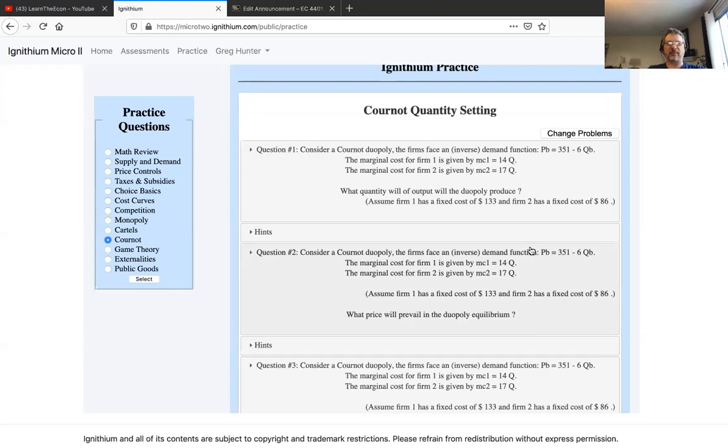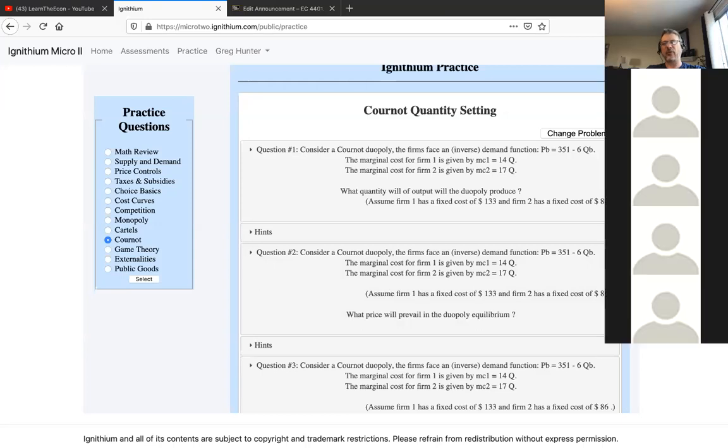Remember, we're always doing all of our comparisons with respect to the competitive equilibrium when analyzing the impacts on consumers and producers, and any additional tax revenues, to calculate those net social benefits.